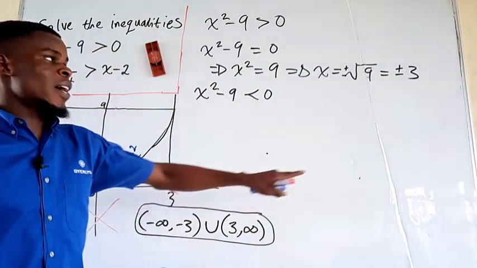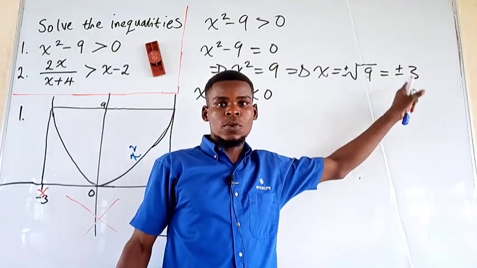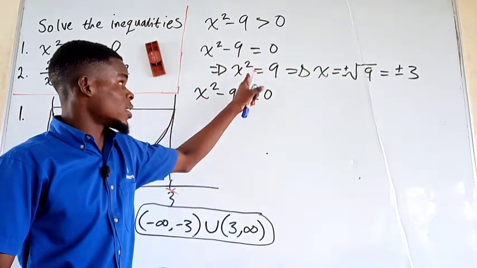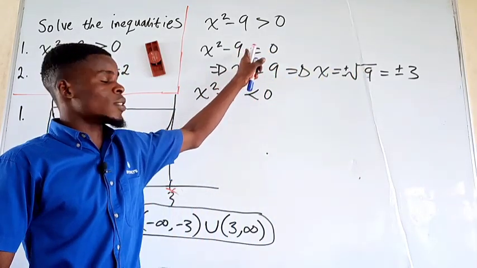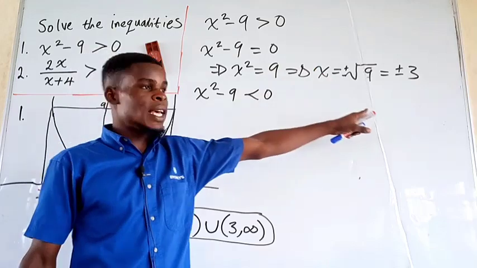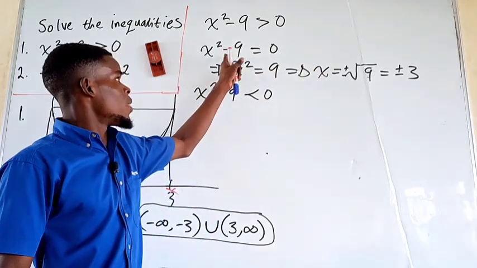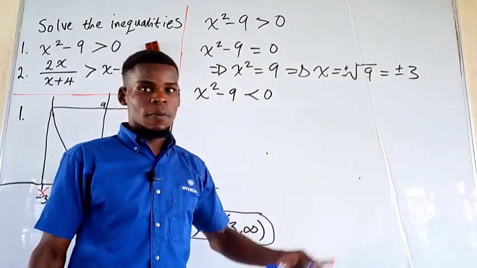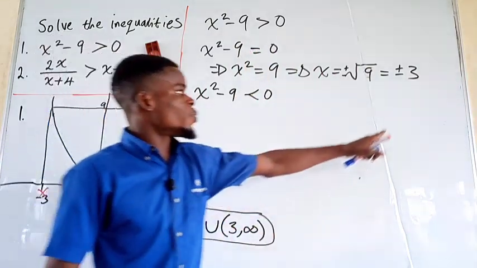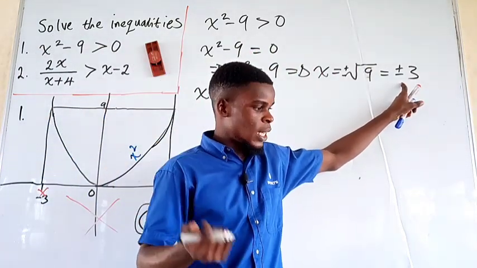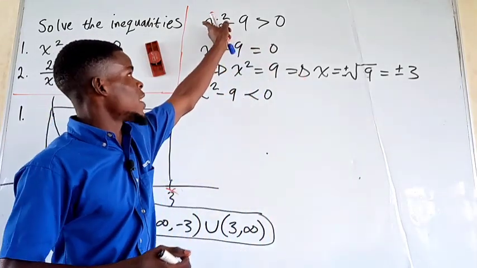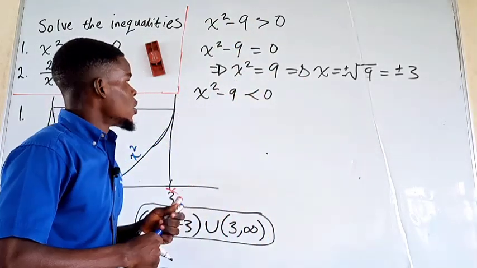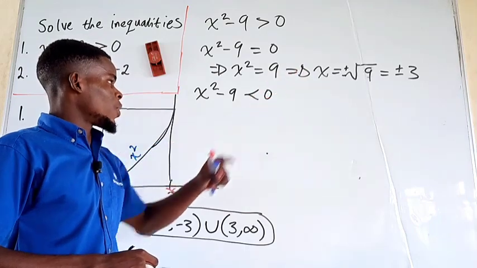So these are the values that will satisfy this equation, x squared minus 9 equals 0. So when x is negative 3, x squared minus 9 will be 0. When x is positive 3, x squared minus 9 will be 0. So that means that this point should not be taken because it does not satisfy the main question. Okay, so we look at positive 3 and negative 3.